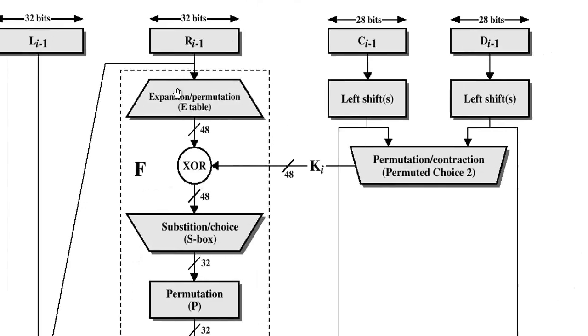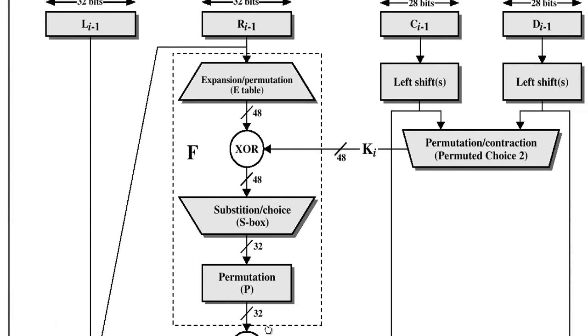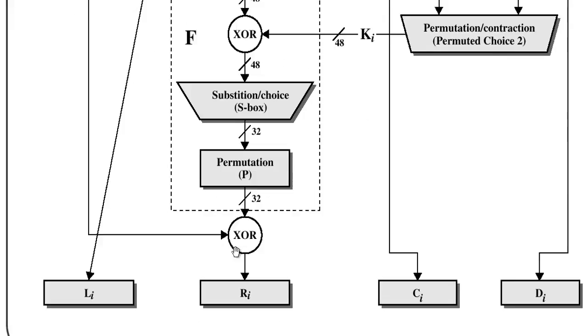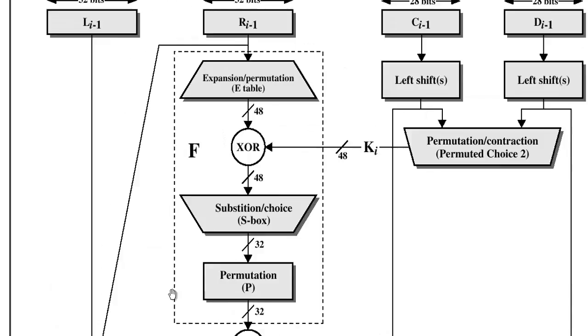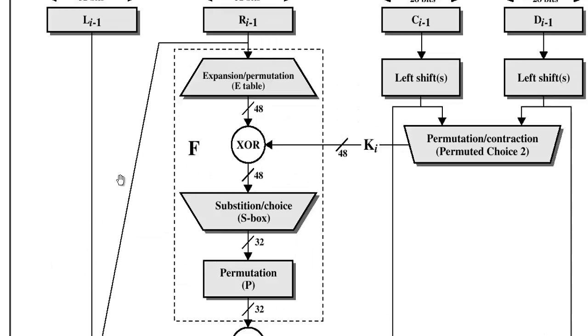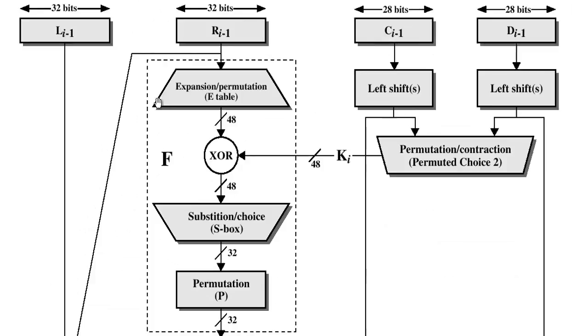Whereas the left half, L i minus 1, is added to the output of the function to generate the new right half. That means only this 32 bit half undergoes the encryption operation in each round, whereas the R half is transferred as the new L half.